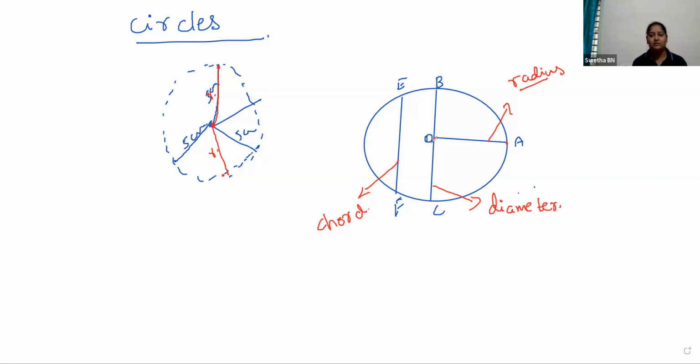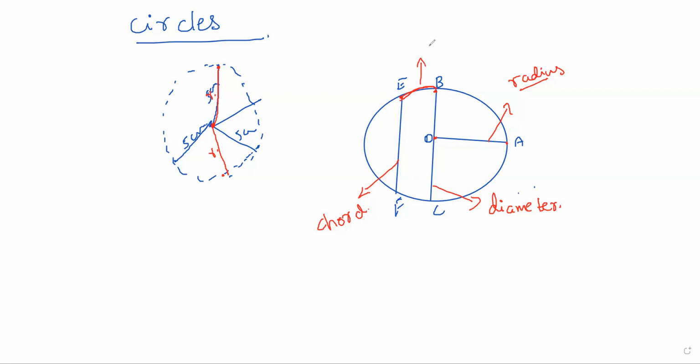And can you say diameter as a chord? Yes, you said longest chord, yes. So chord is not diameter, but diameter you can call as chord. And what is BE or EB here? What is this portion called?